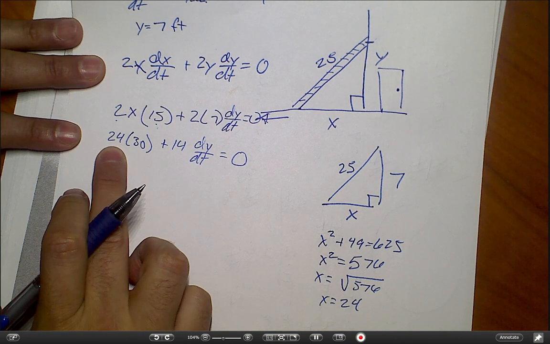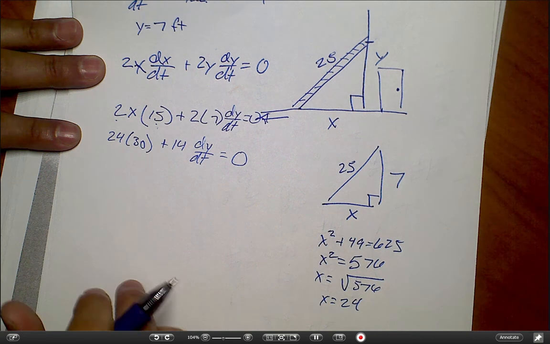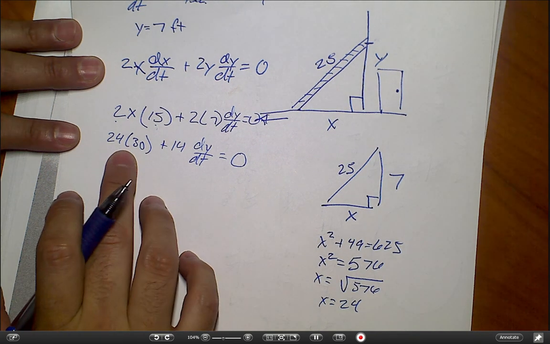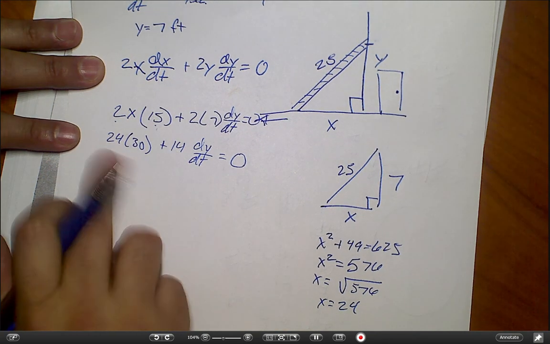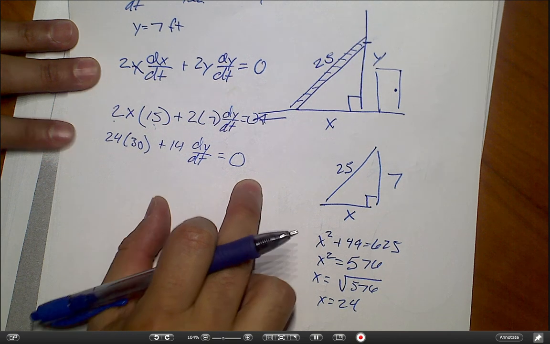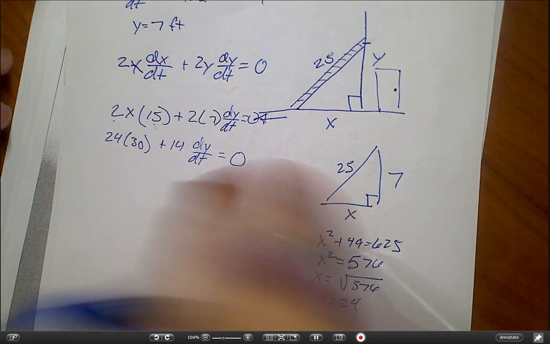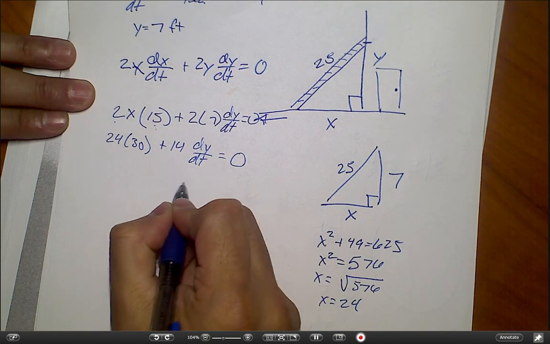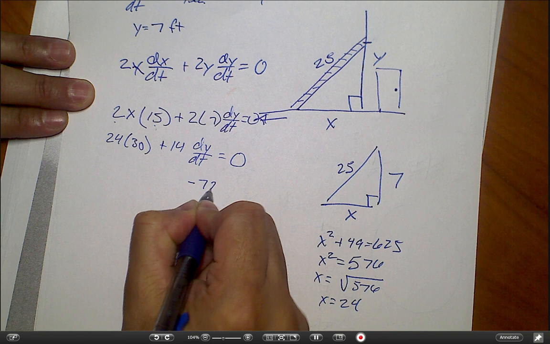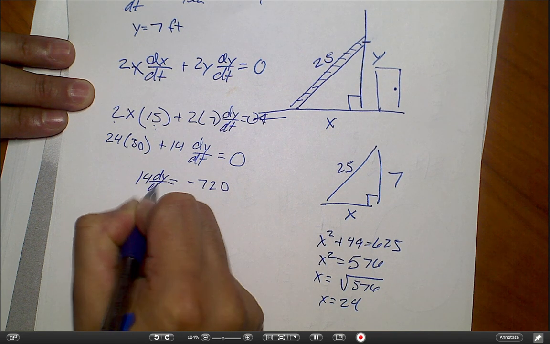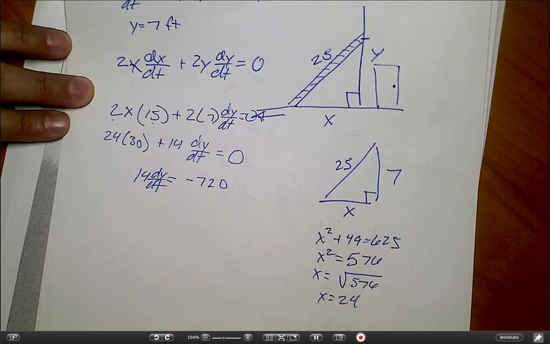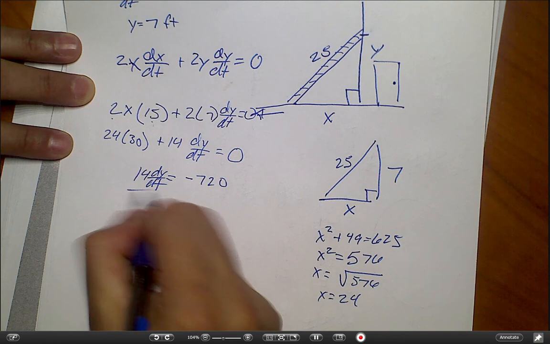Was it 720? Okay, so right here I should get a negative value, right? So negative 720 is equal to 14 dy/dt. Divide both sides by 14.